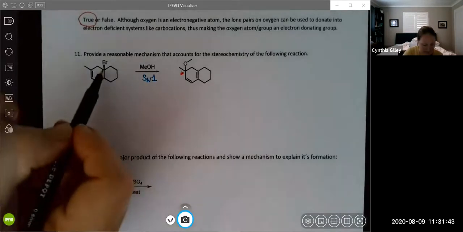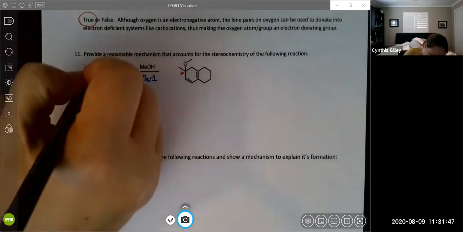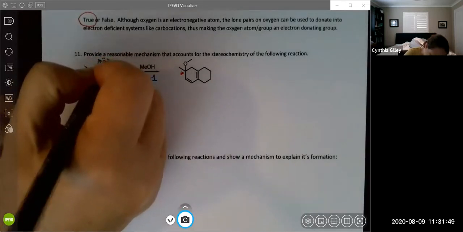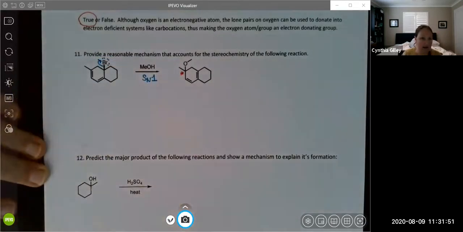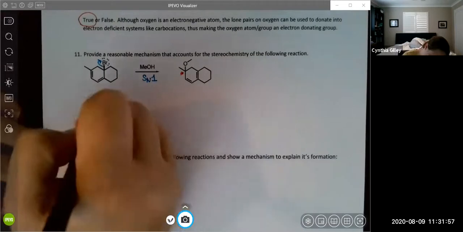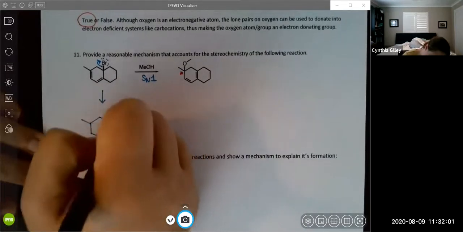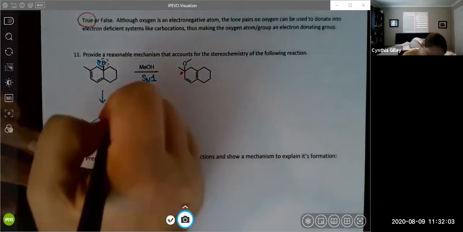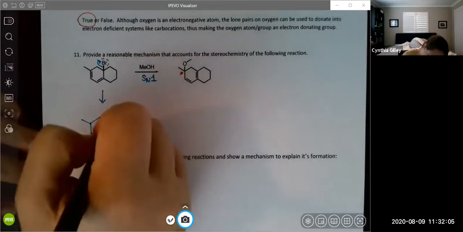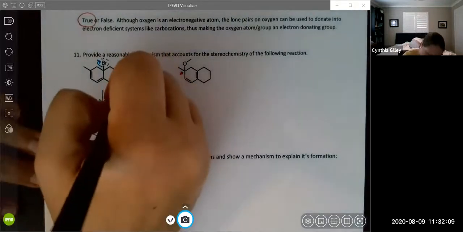So the fact that this is a tertiary alkyl halide is great, because the rate determining step is this first one, which is loss of a leaving group. If it forms a stable tertiary and resonance stabilized carbocation, that's going to happen very quickly. So that's the rate determining step.